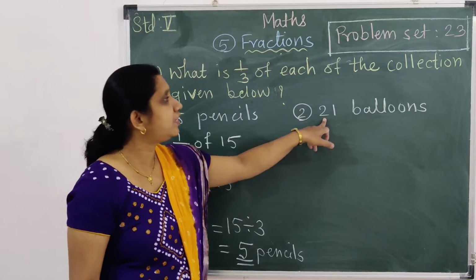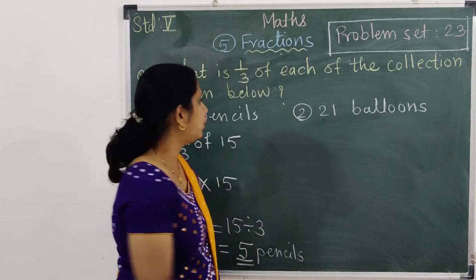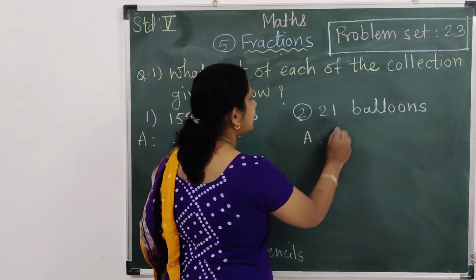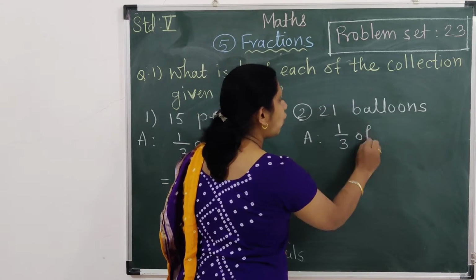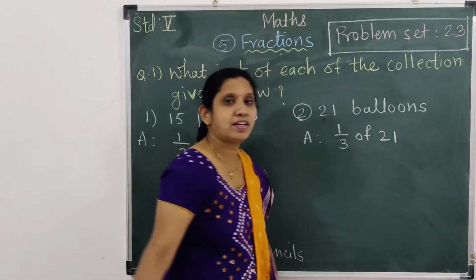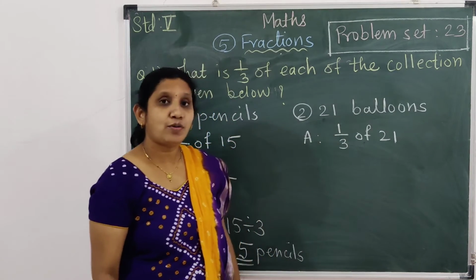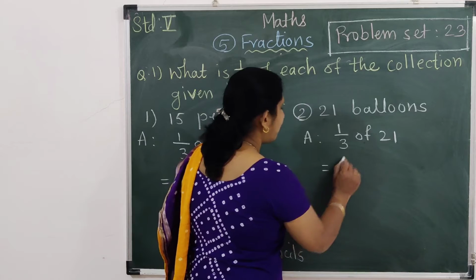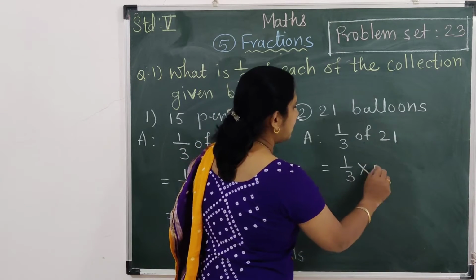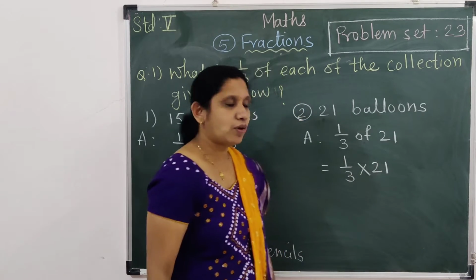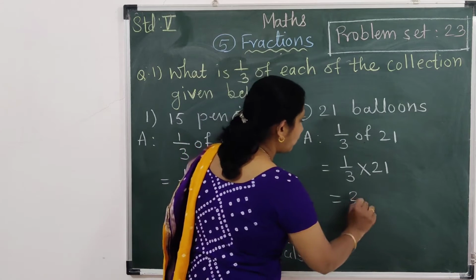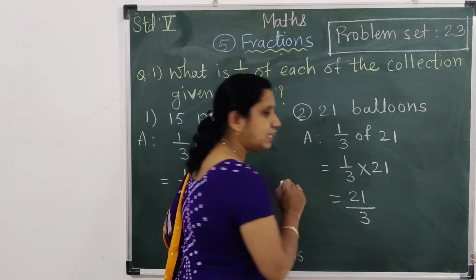Now let us see the second example. In this, the collection given is of 21 balloons. Let's see its answer. 1 upon 3 of 21. As I said, in place of the word, we have to use the sign of multiplication. Multiply 21, which is equal to 21 upon 3.